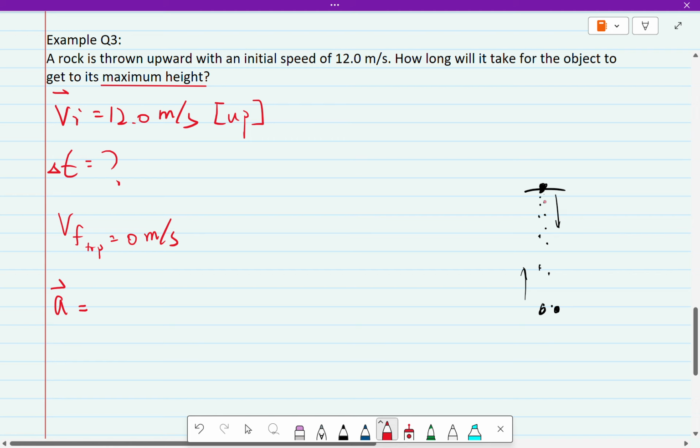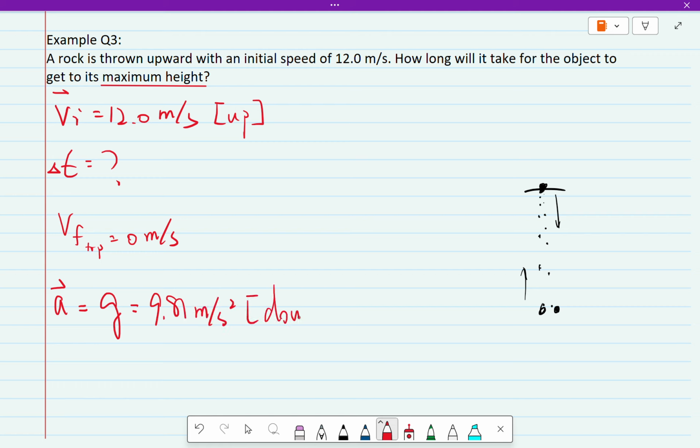The acceleration in this question would just be the gravitational acceleration, which is a very useful constant in physics, 9.81 meters per second squared, and always pointing downwards. Okay? So now we have two directions in this question, up and down. So we better define, let's say, up is always positive.